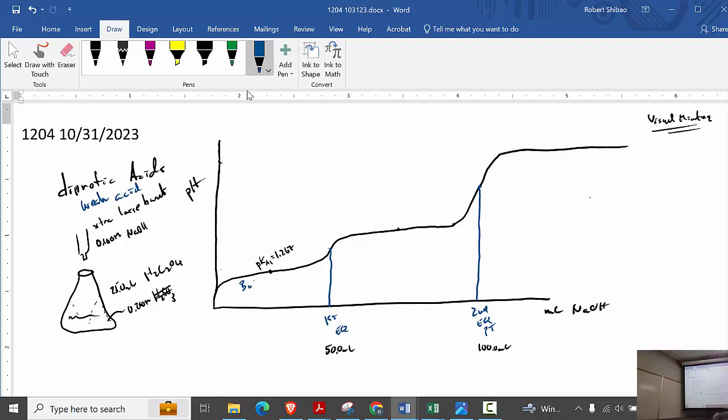And so we're going to call this buffer 1. And buffer 1 forms when we do this. So if we take our oxalic acid, H2C2O4, and add our sodium hydroxide, I'm not going to put 2 sodium hydroxides here because I'm not going all the way to the second equivalence point. And then we're varying the amounts of sodium hydroxide. This is going to be the LR. This is going to be the excess reagent.